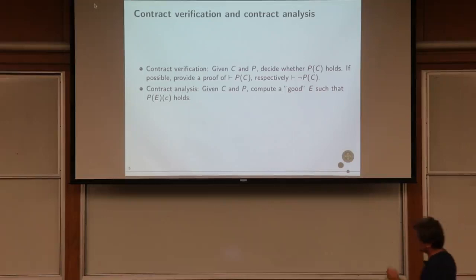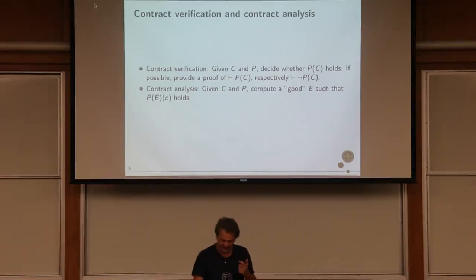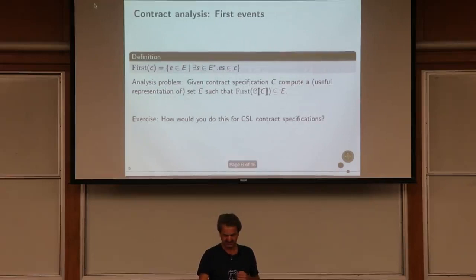And that's exactly what extensionality expresses. So it's a semantic property, one that is about the semantics of a contract, independent of how it's rendered.